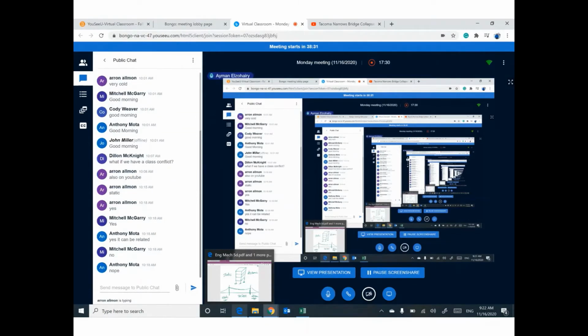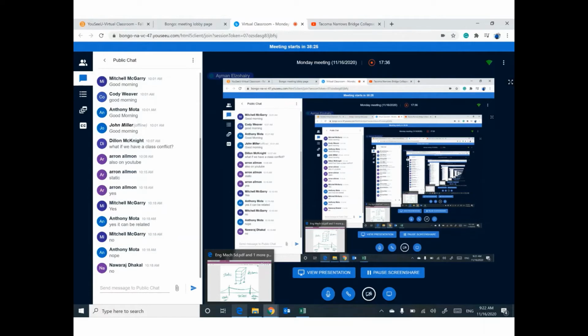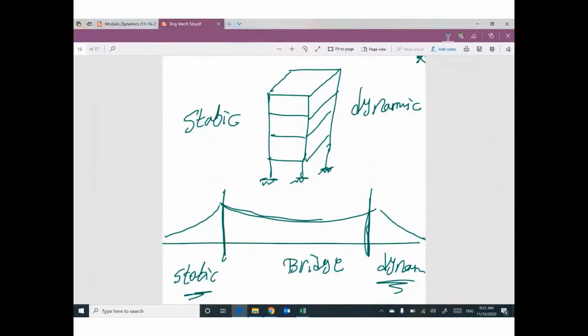So how can I consider it on the dynamic side? What is your expectation? If your major is construction engineering, you should think about this. Do you think this building you are in right now can be considered on the dynamic side? Do you think we have a movement?